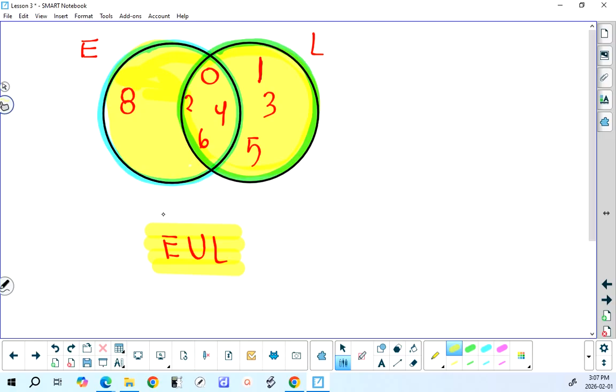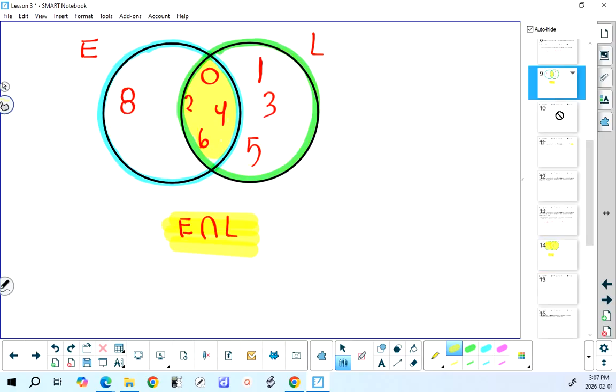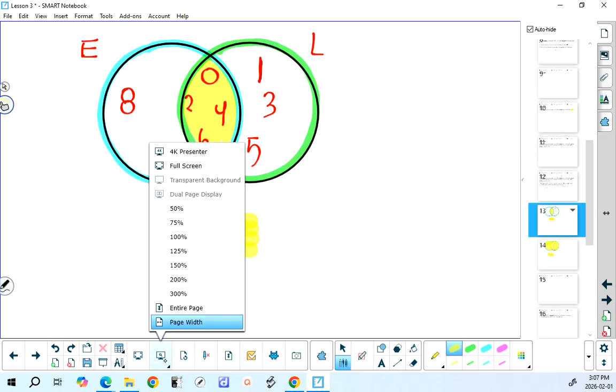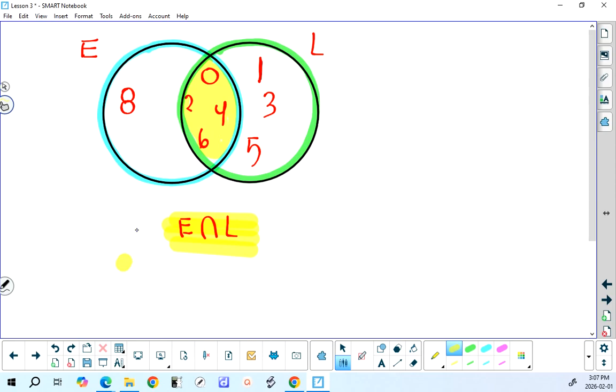So if you compare these two now, just in preparation for later, this is the intersection of two sets, and this is the union of two sets. Everything that's highlighted here would be an element in the union. Everything that's highlighted here would be an element in the intersection. So those are the two main things.